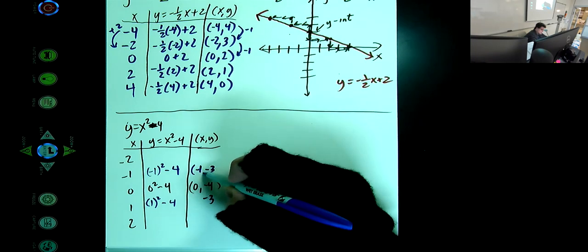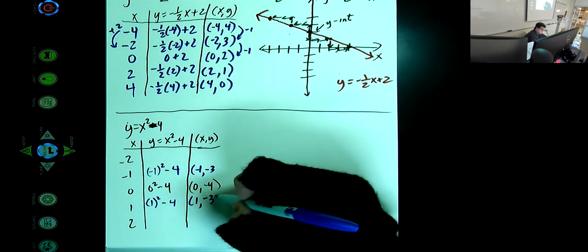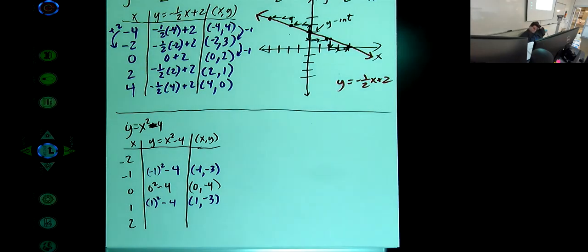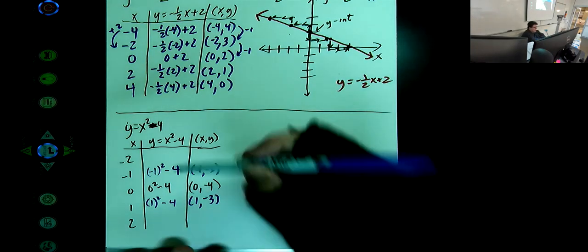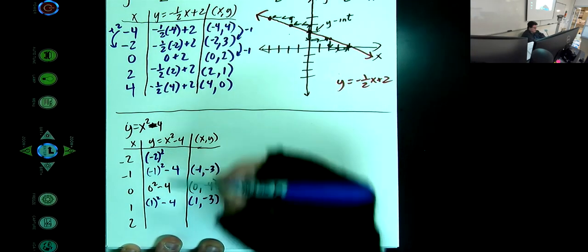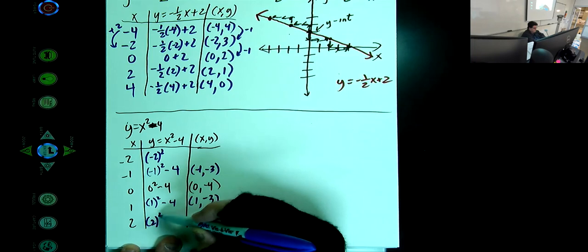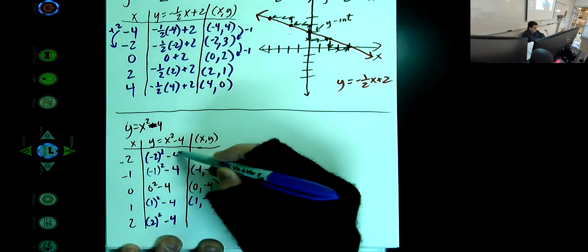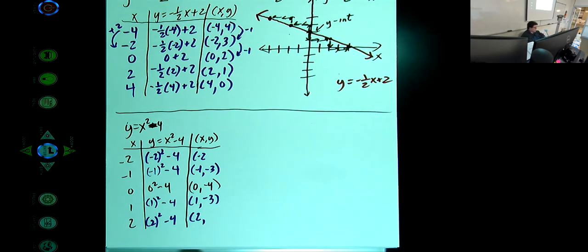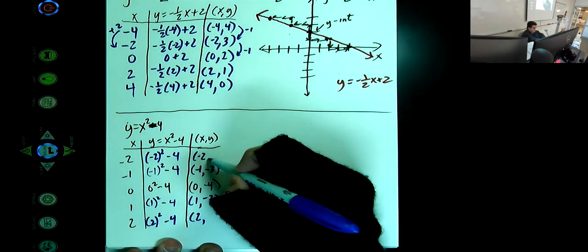My x component is given by the first column. Let me do that here with the -2 and +2 as well. In both cases, when I square -2 or +2, I get 4, and 4 minus 4 is 0.